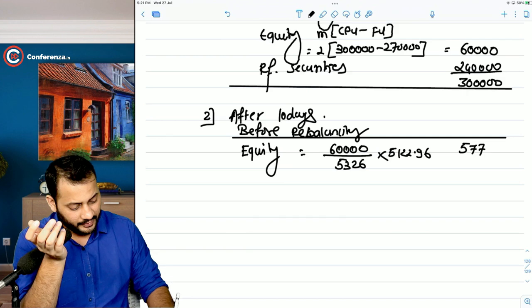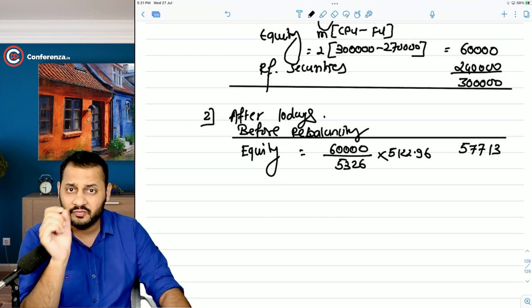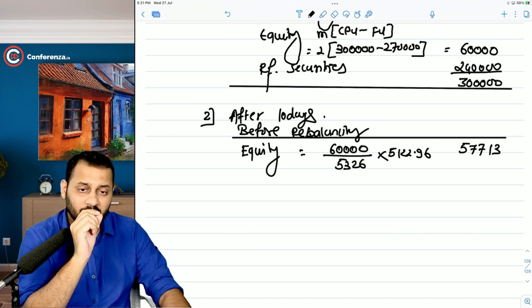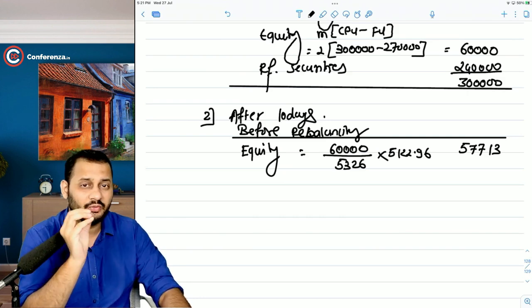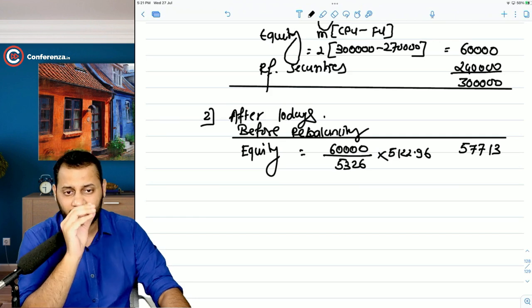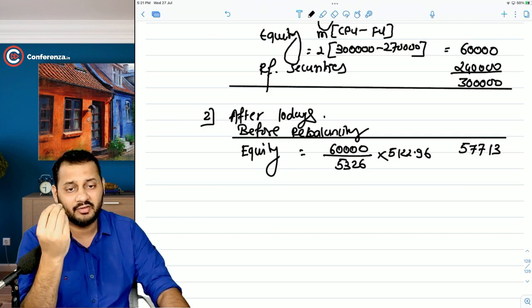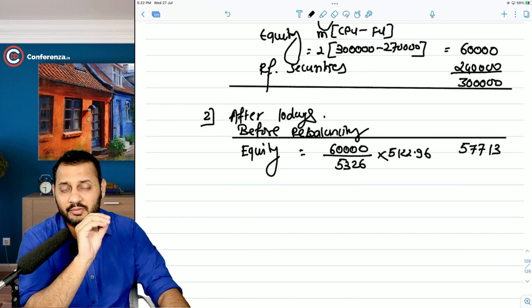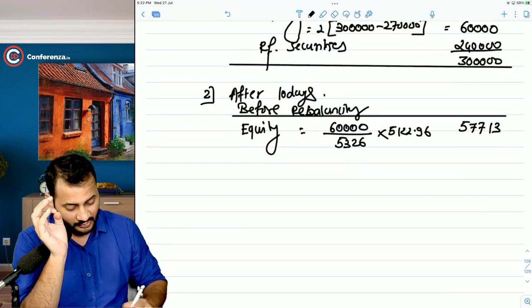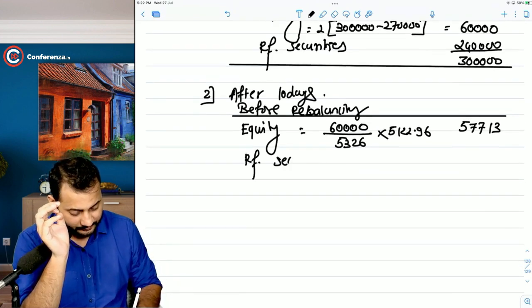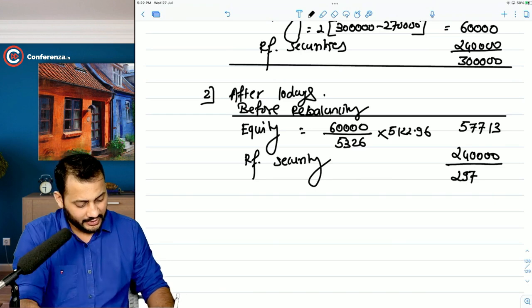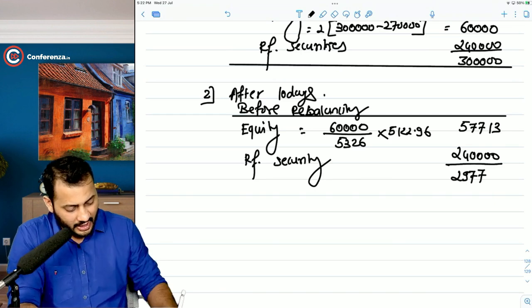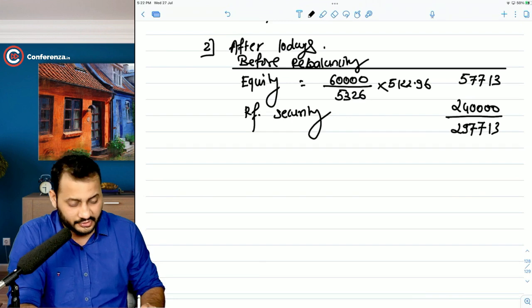This is nothing but the change in the equity component, which is equal to the change in the market. If the market has gone down by some percentage, the value of equity has decreased by that same percentage. Risk-free security, it was 2,40,000 rupees. Now your total portfolio value is 2,97,713 after 10 days of the first investment.